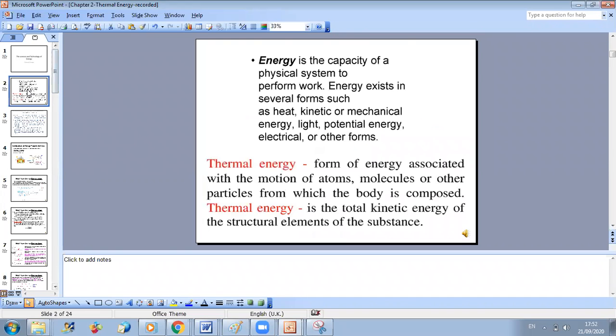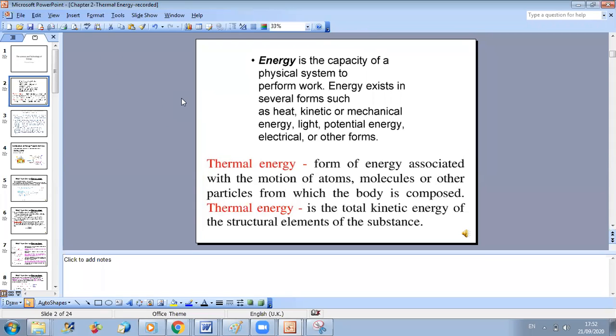So to start, energy is defined as the capacity of a physical system to perform work, and energy exists in several forms, such as heat energy, kinetic or mechanical energy. It can be in the form of light, as we have seen for the electromagnetic waves. We have energy in the form of potential, electrical, chemical or magnetic energy, as we have seen in the introduction.